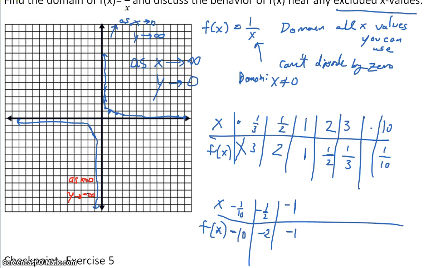So what you need to do is analyze what's happening at a specific excluded x value and see via a table or something how it behaves because of the nature of not including that value.